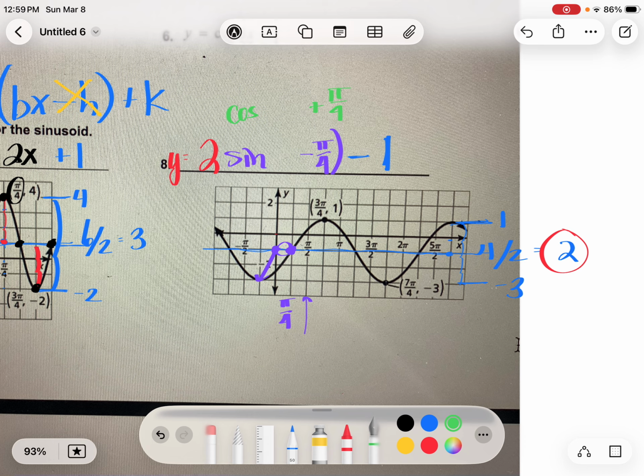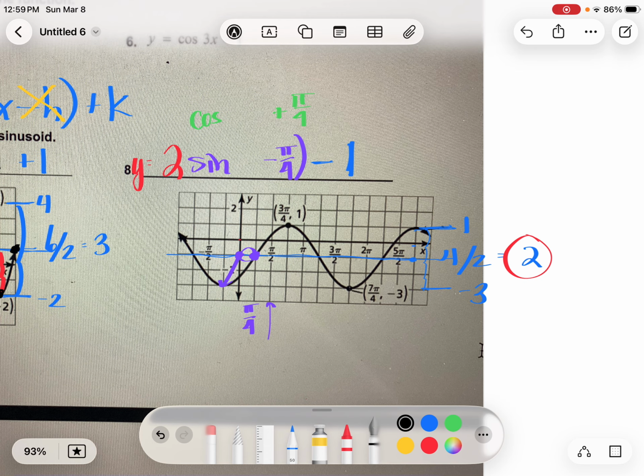Then to figure out my B, if I start from here and go highest high, middle, low, and then back up to the line. How far was that? Now, with this purple thing here, this is pi over 4. That's how long each spot is.